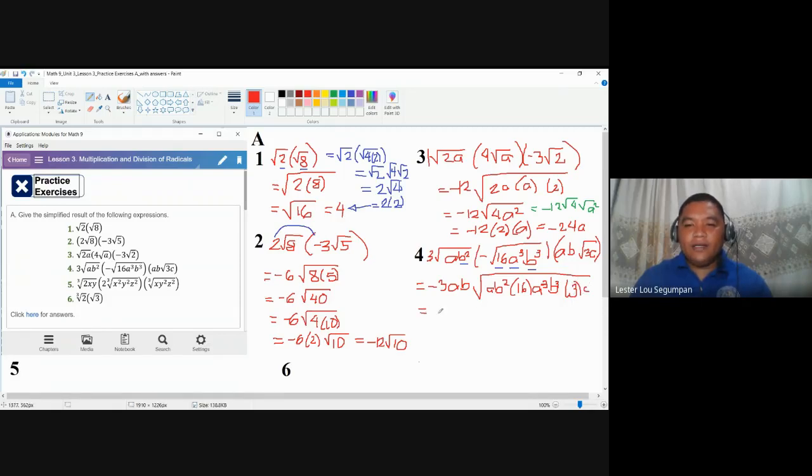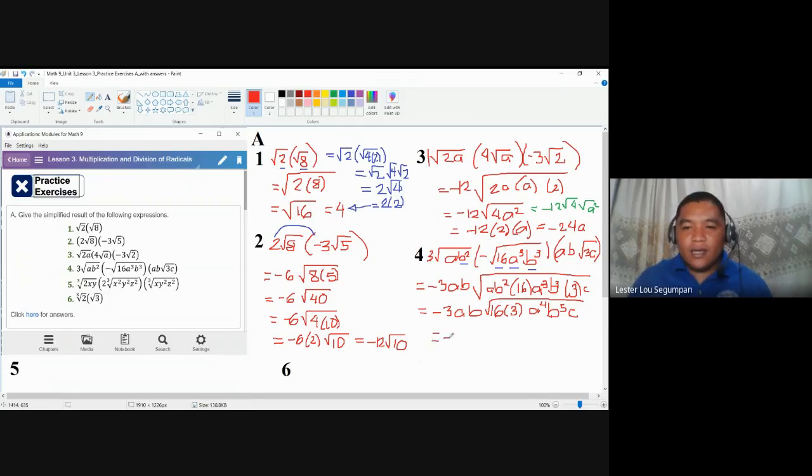So you have here negative 3ab square root of. Let us not combine 16 and 3 first, because we will still return to it later on. Yes, 16 times 3 is 48, but when simplifying, you will still return to 16 as a perfect square. And you have a to the power of 4, and then b to the power of 5, and then c, because you combine them using laws of exponents.